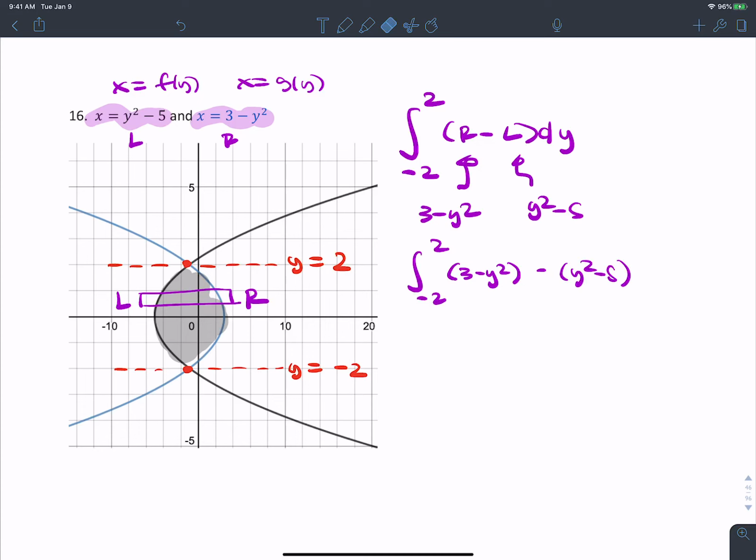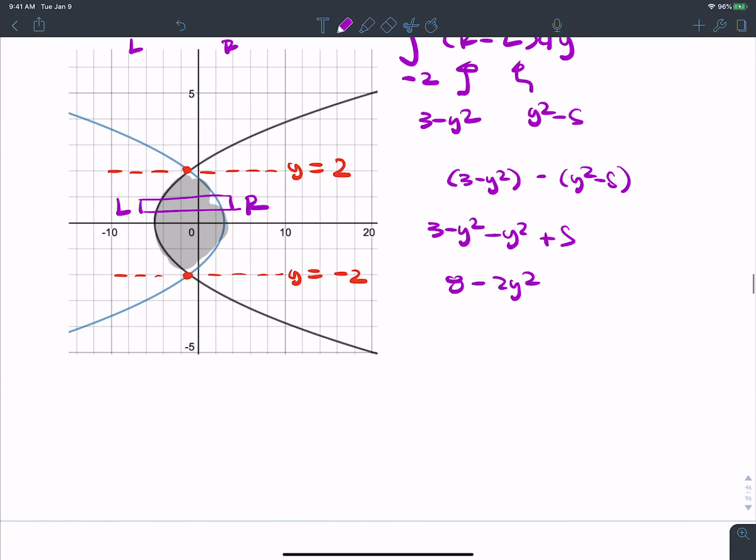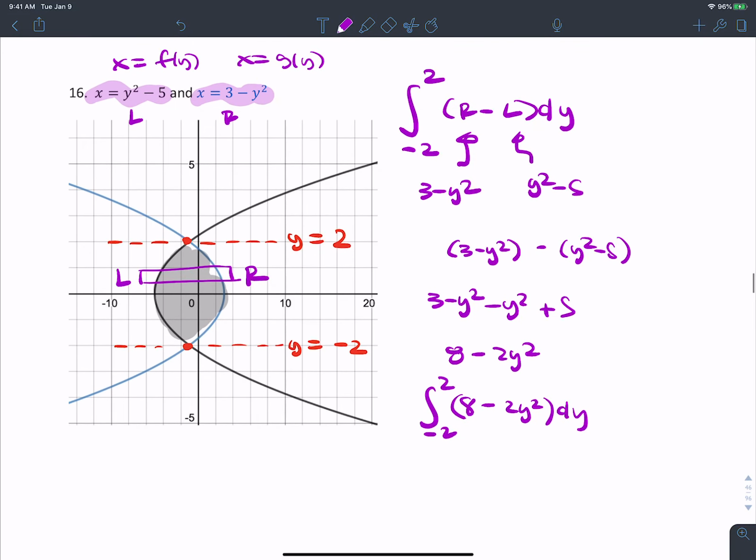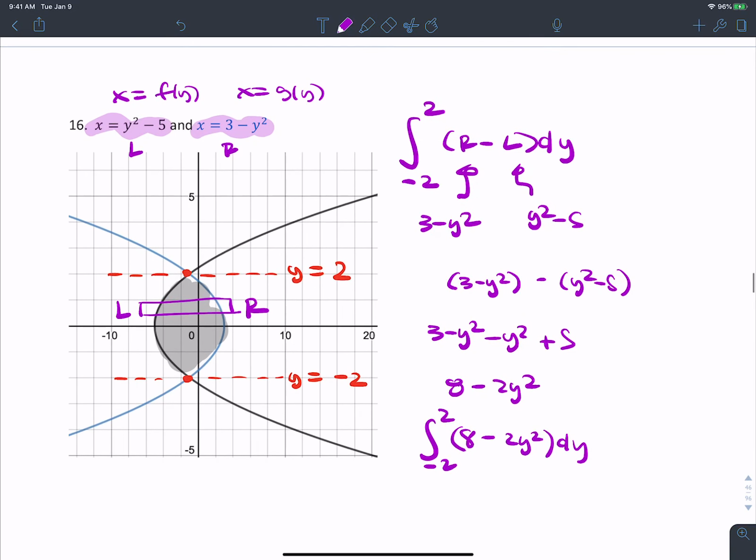Let's just do the algebra. So that gives you 3 minus y squared minus y squared plus 5, or we end up with 8 minus 2y squared. So we're going to integrate here from -2 to +2, 8 minus 2y squared, and this is now dy.